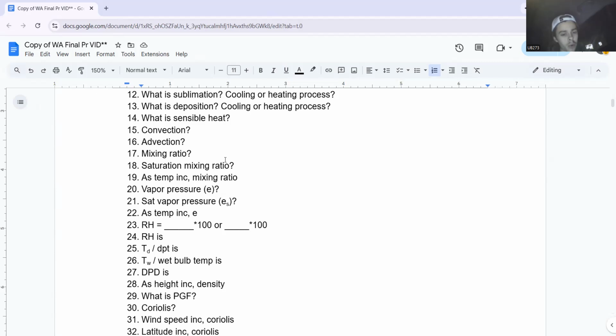What is vapor pressure, represented by the variable E? It is pressure that is exerted by water vapor. What is the saturation vapor pressure? E sub S, the maximum vapor pressure based on the temperature. As temperature increases, the vapor pressure increases.